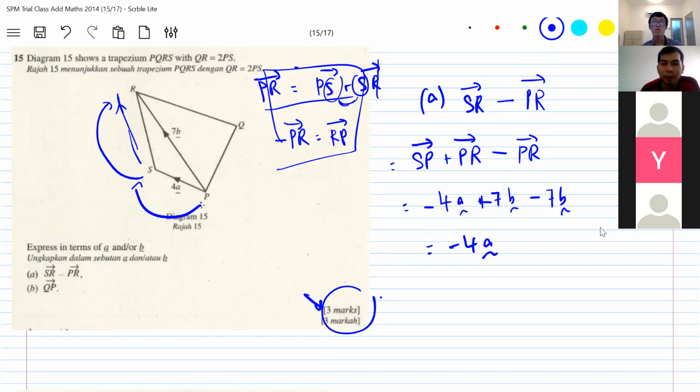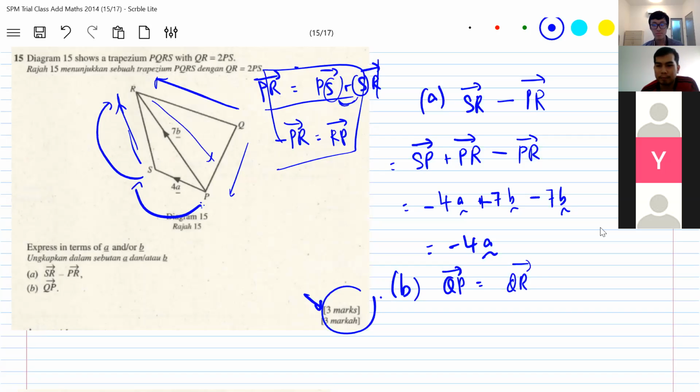Okay, so if you do QP, again, you can try to do it as a path because QP has no direct number. How should you connect QP? You get QR plus RP. And then you would think, oh, but I do not have QR. But in fact, you do.